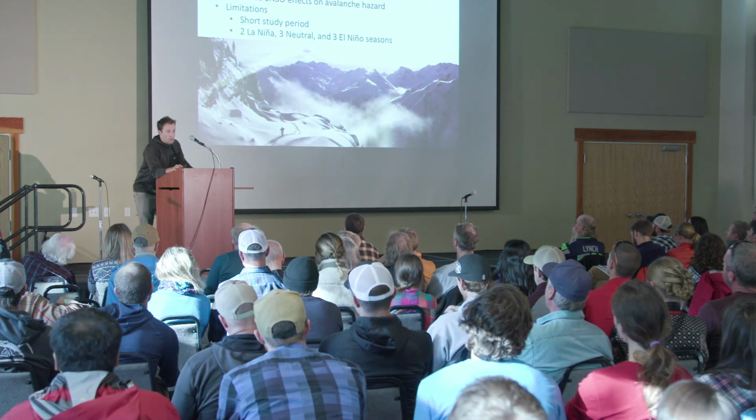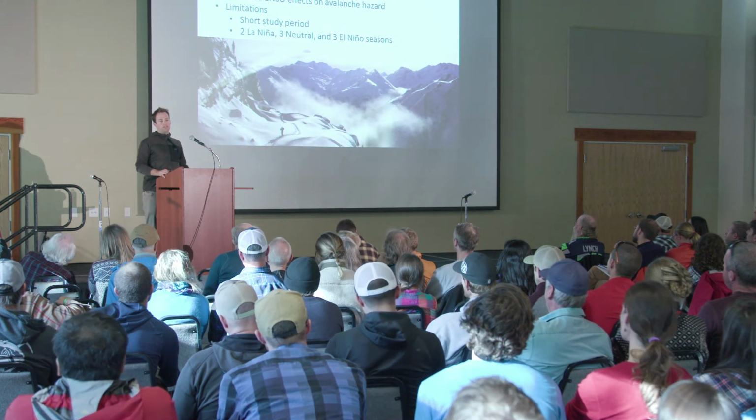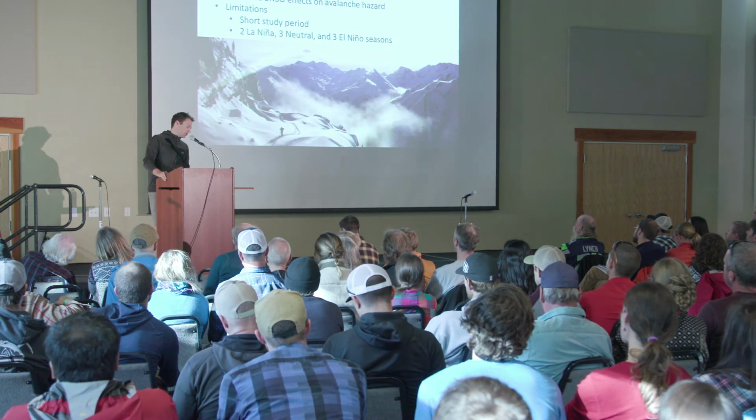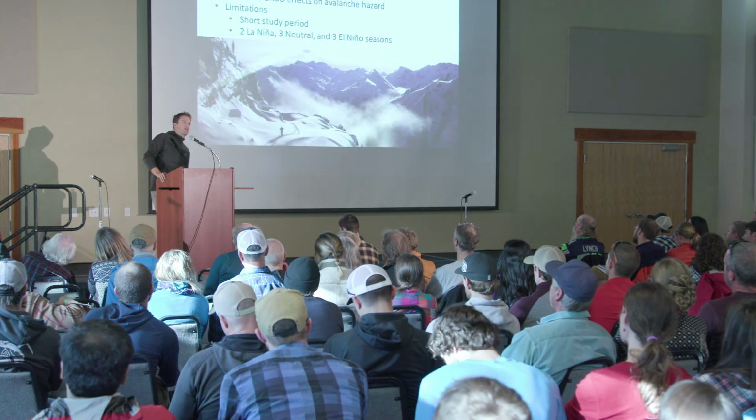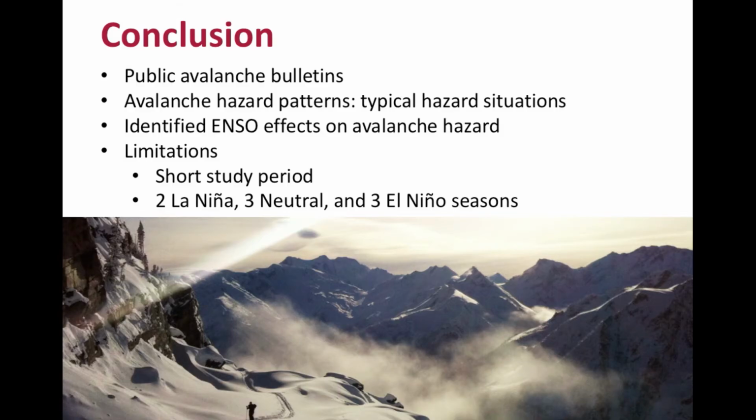I want to point out some of the limitations here. It's only eight seasons, so this work will only get stronger as time goes on. There's not really much I can do about that. But what's promising is it wasn't just one phase of ENSO I was looking at. It had a spread, so I'll back it up with my word.